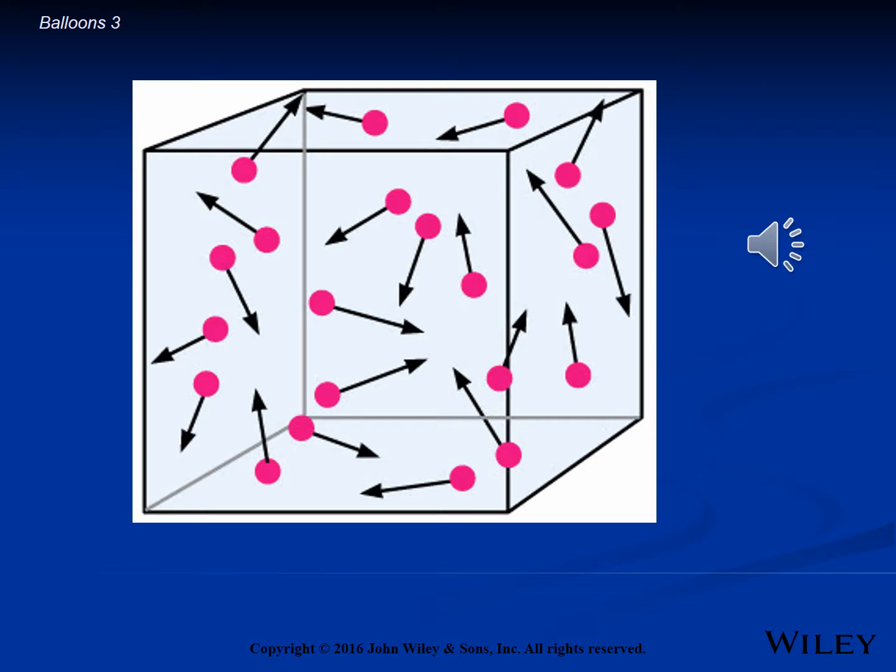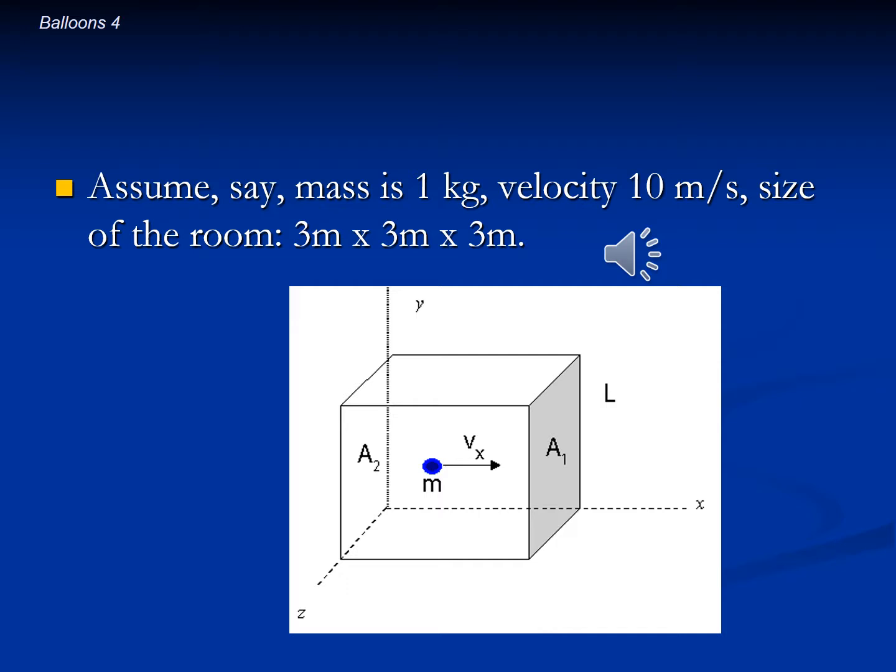Specifically, let's look at one molecule moving along one direction. Let's look at this specific molecule. I'm assuming at first that this is really not a molecule, but a ball that bounces with 100% efficiency, meaning that it goes at 10 meters per second, slams into a wall, bounces back at 10 meters per second.